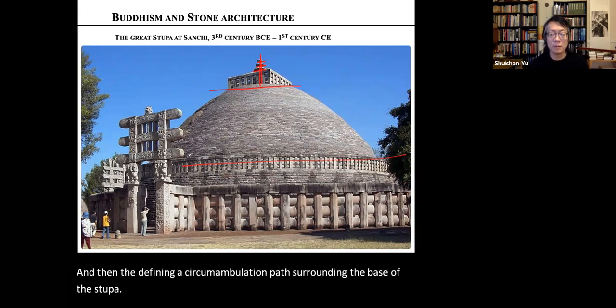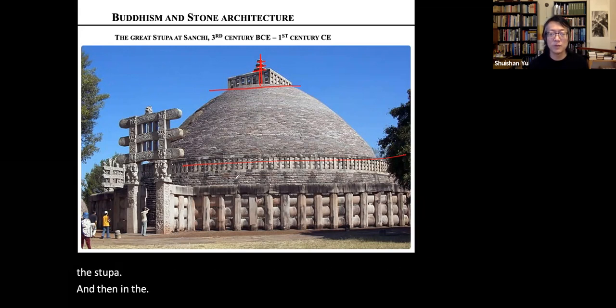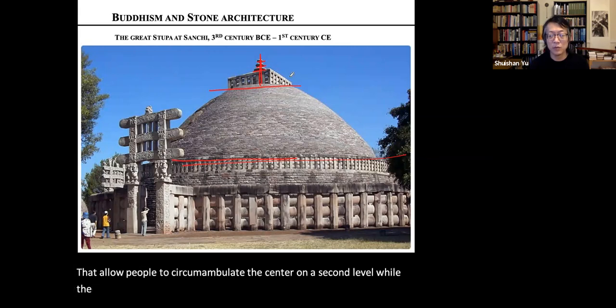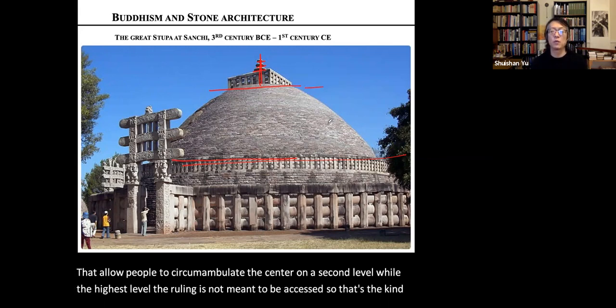And then in the transition between the lower layer and the middle layer, there is another railing that allows people to circumambulate the center on a second level, while the highest level, the railing, is not meant to be accessed. So that's the kind of imagined upper world.